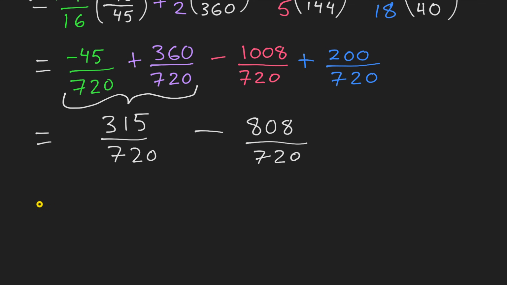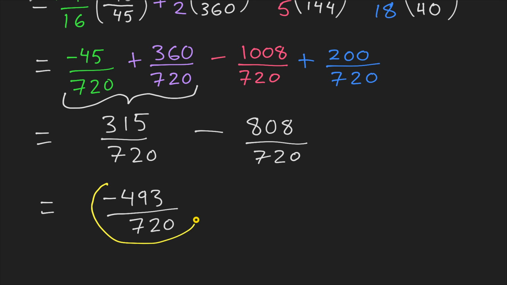And so your final answer is just going to be whatever 315 minus 808 is, and 315 minus 808 is exactly equal to negative 493, and your denominator is just going to stay the same at 720. And so this is your final answer.